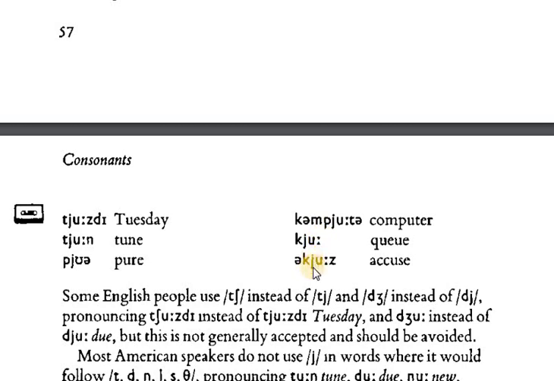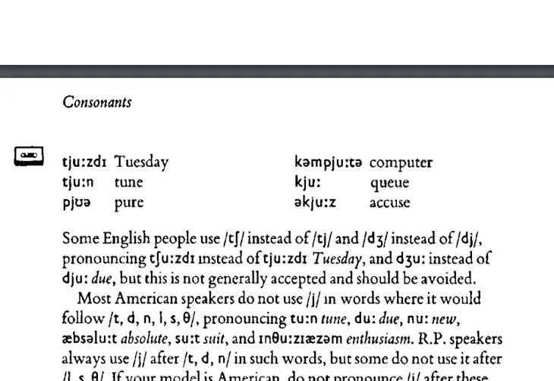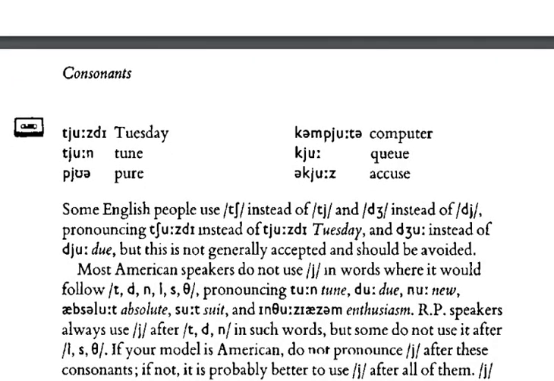All of these have the sound ye in medial position, preceded by t, p or k, and in this case, they are going to lose their voicing. It's going to be voiceless. Now, some English people use ch instead of t.